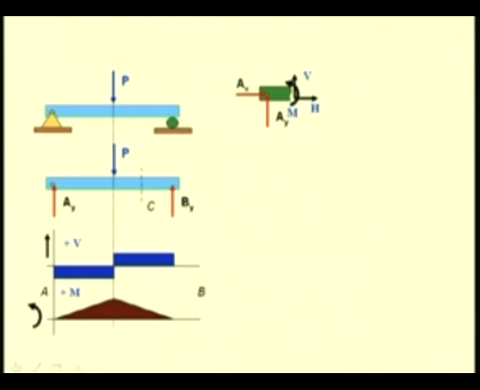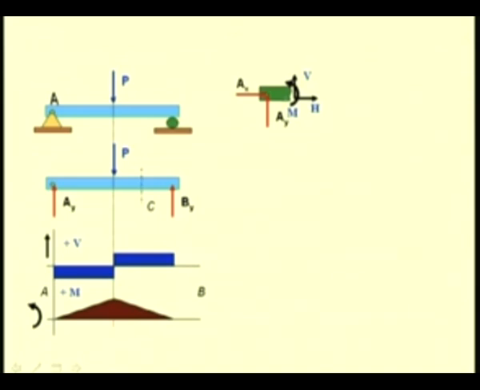If we take a section between A and the mid section of the beam, then this is the free body diagram of any such section, because this load P is not available in the free body diagram of that portion of the beam.